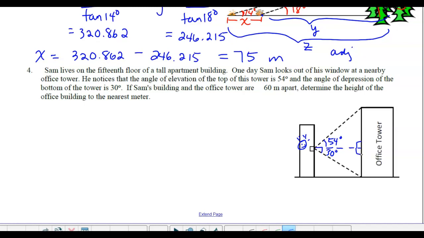It is given that they're 60 meters apart. Well, if they're 60 meters apart at the base, then they're going to be 60 meters apart anywhere, unless the buildings are not built correctly and they're diagonal. So we assume that they are. So that's 60. And so to get the height, we need to find this entire distance.